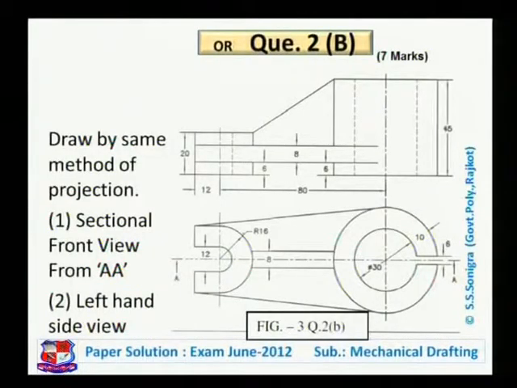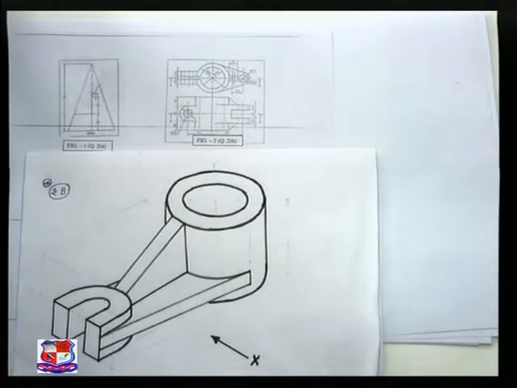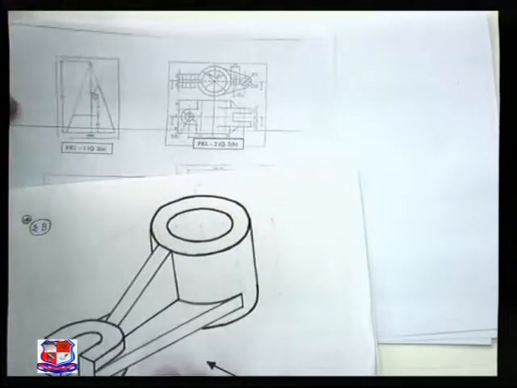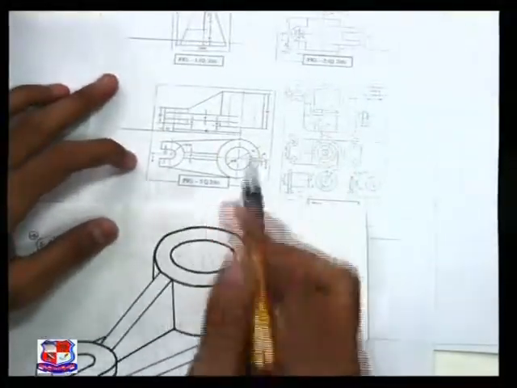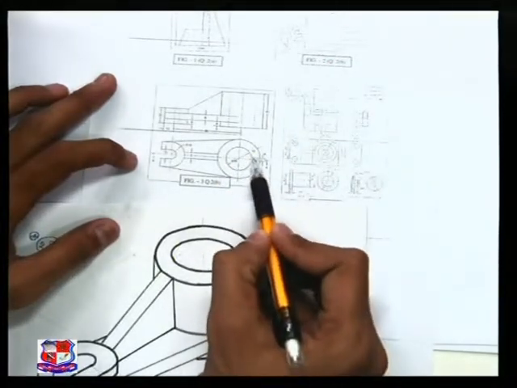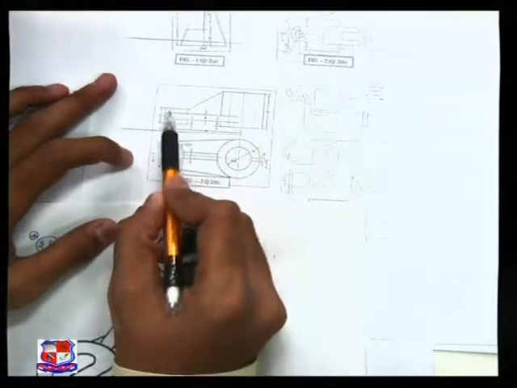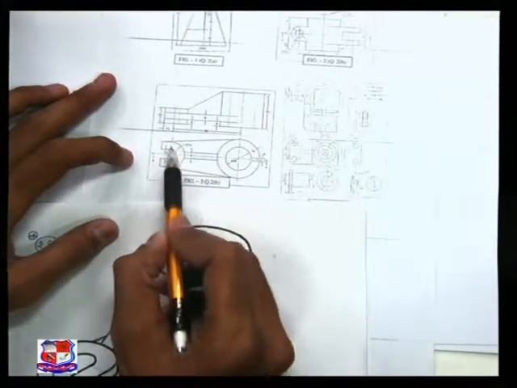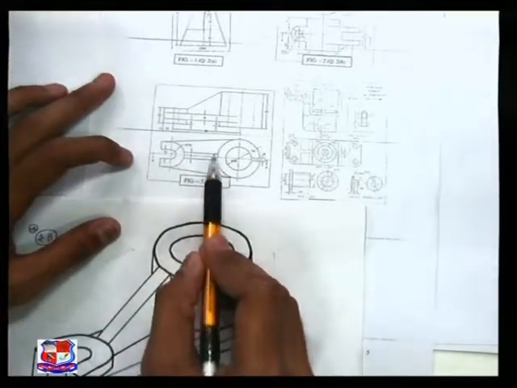This is the object given in the question paper, right? This is question figure number 3, 2b. This is the object. A cylindrical portion is there, a cut is there, then here a support is there, here another half curved or semi cut cylinder is there, and here is a slant support.